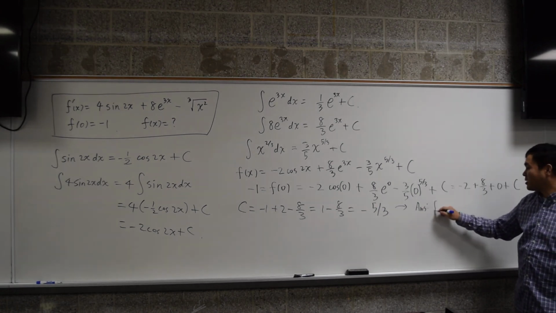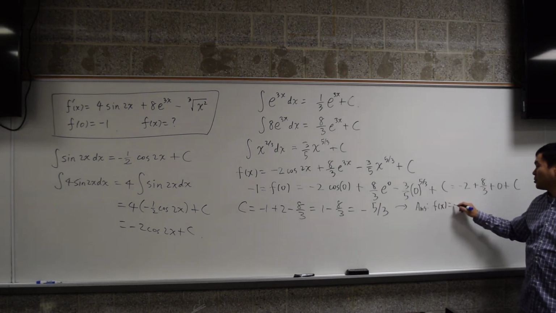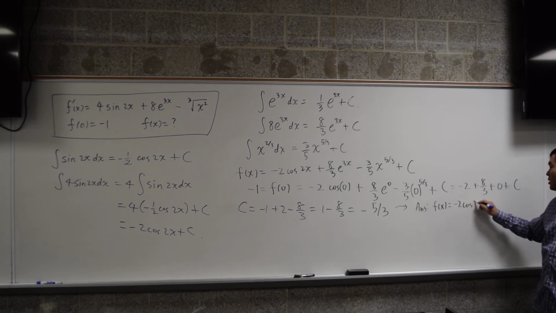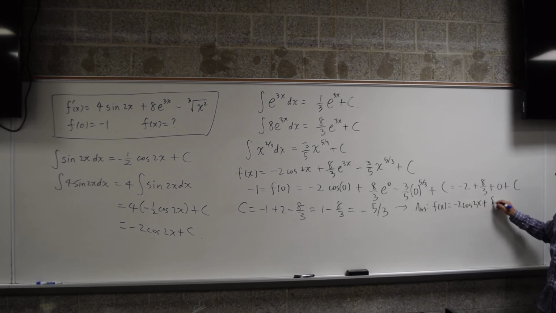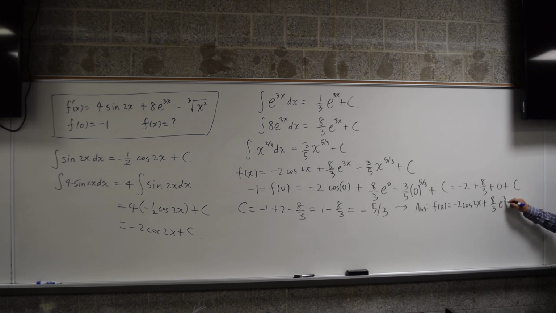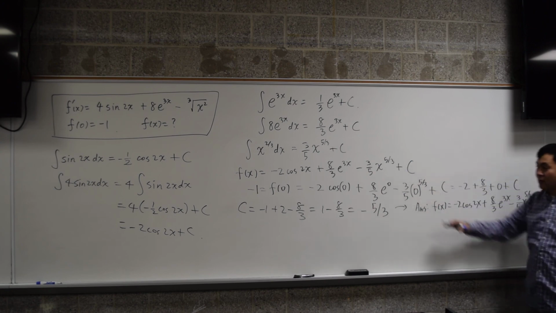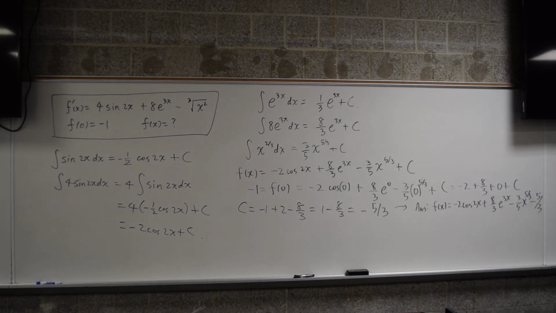Right, so f of x equals -2 cosine 2x plus 8 over 3 e to the 3x minus 3 over 5 x to the 5/3, minus 5/3. So that's the final answer. You have to put that number back into f, and that's your final answer.